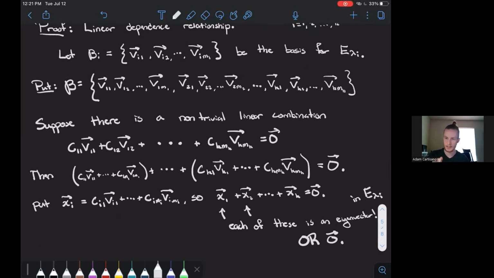In other words, all of the Cs in that particular set of parentheses had to have been 0. So in other words, with our non-trivial linear combination, one of these eigenvectors is non-zero.